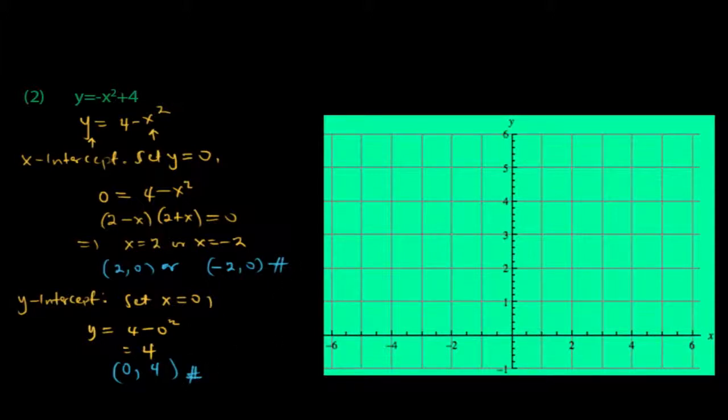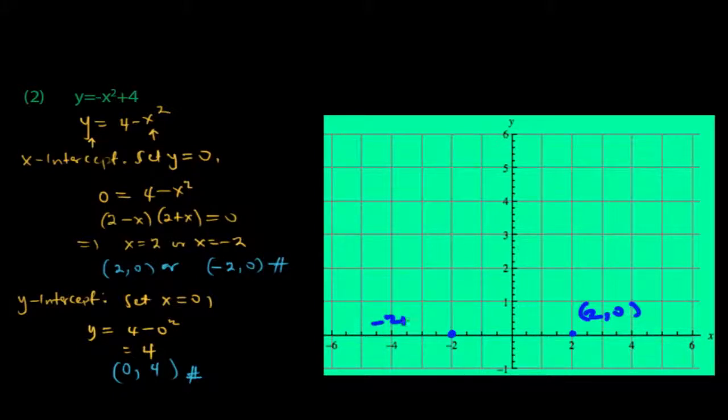Let's plot this on the graph. All we need is just a sketch anyway. The first point is when x is 2, y is 0. So this is 2, 0. Next is when x is negative 2, y is 0. This is the other point here.